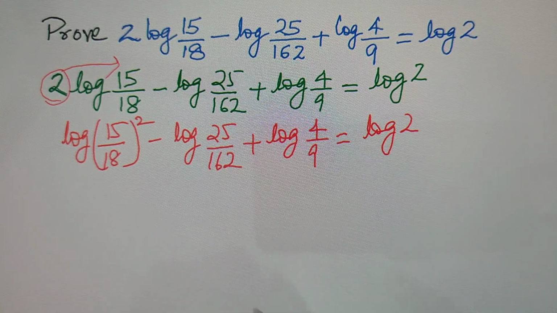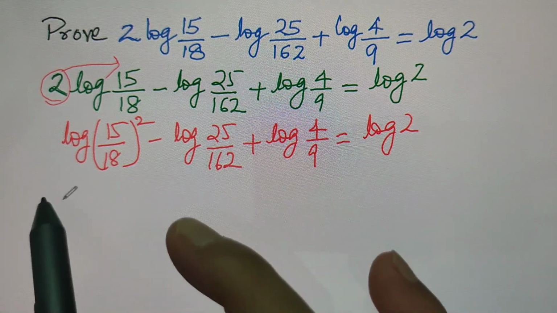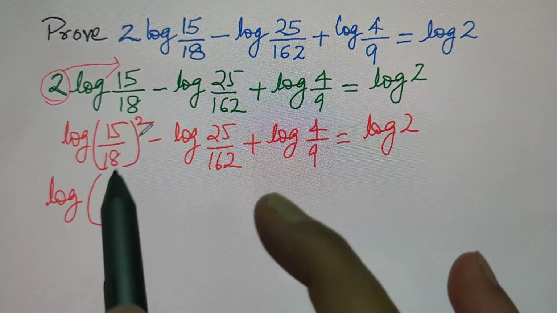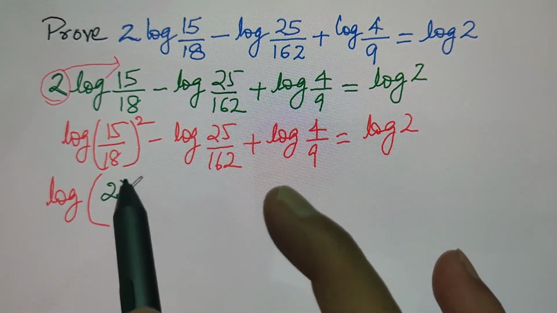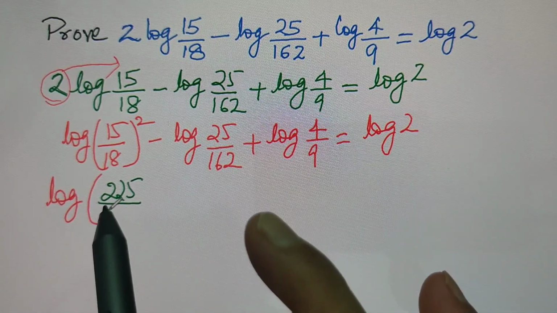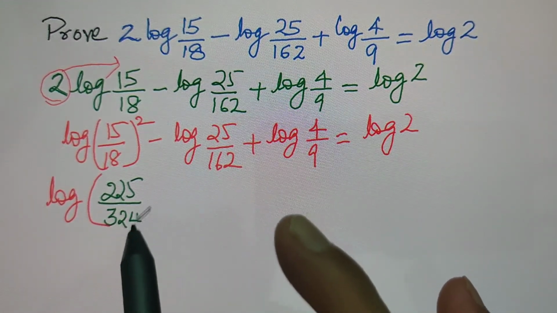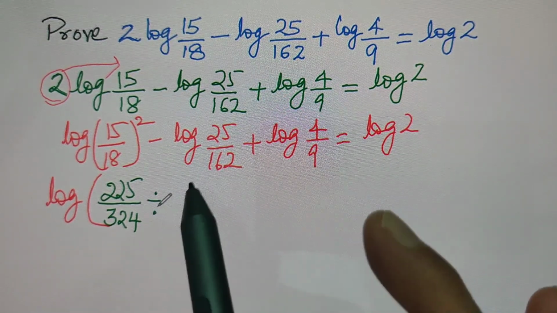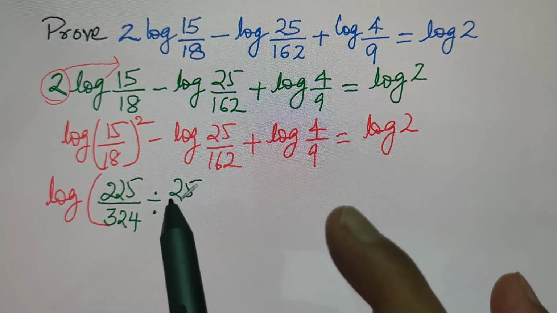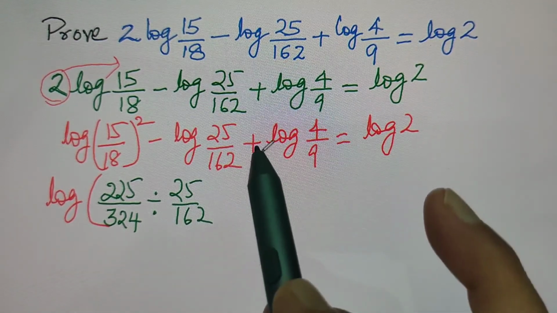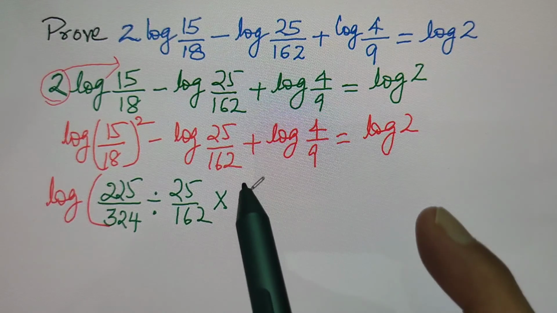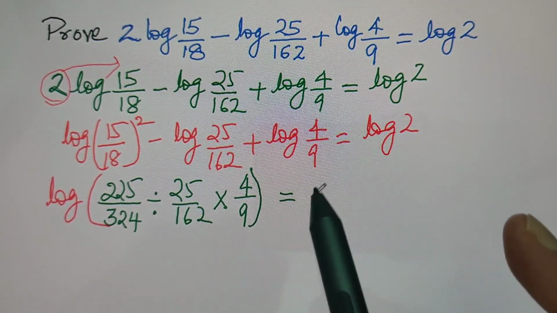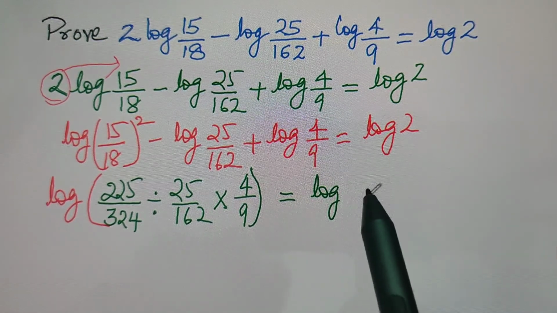Cool. Now if I were to take log common, what would I get? Log common. Now 15 square is 225 upon 18 square is 324. Now this minus sign changes to the sign of division, upon 25 upon 162. Now this plus sign changes to multiplication, 4 upon 9, which has to be proved equal to log 2.